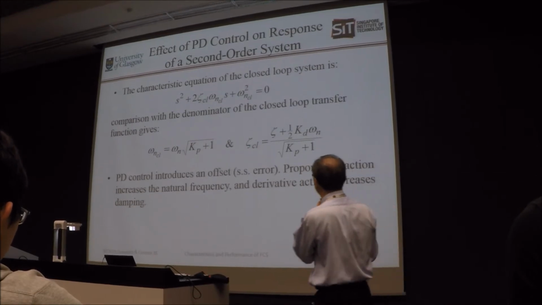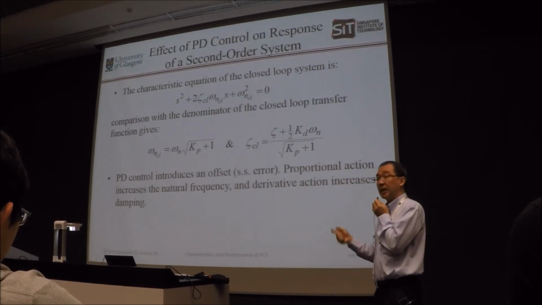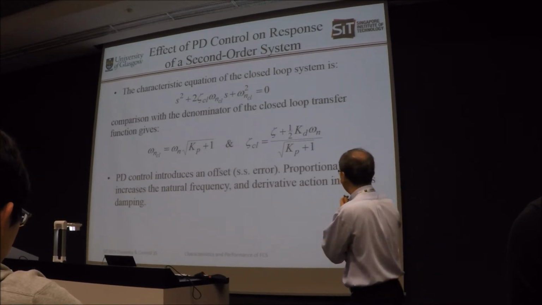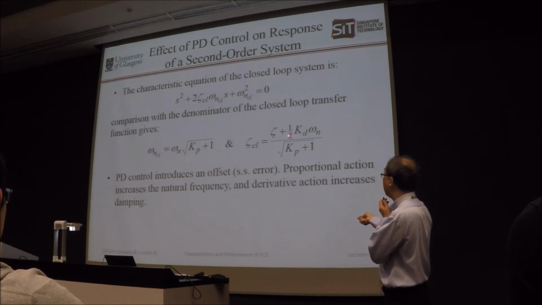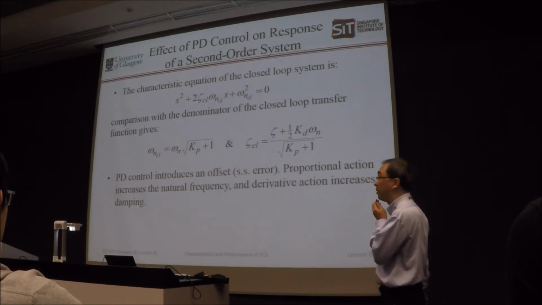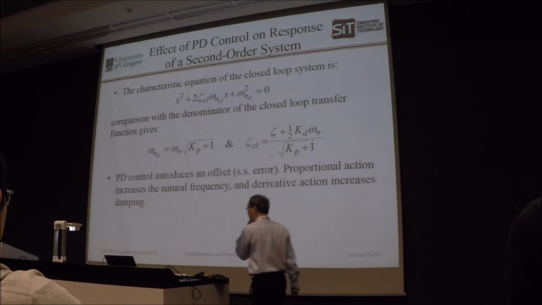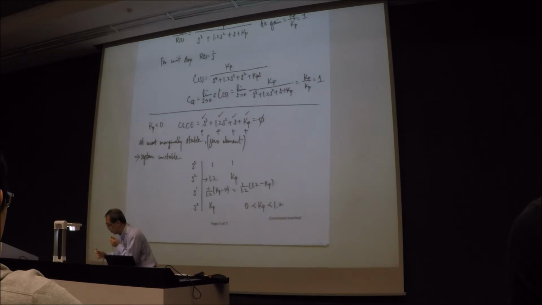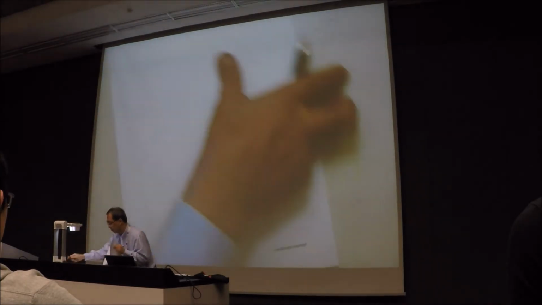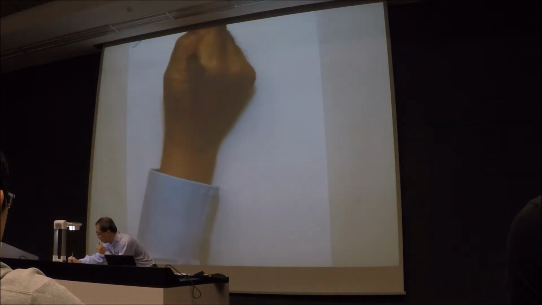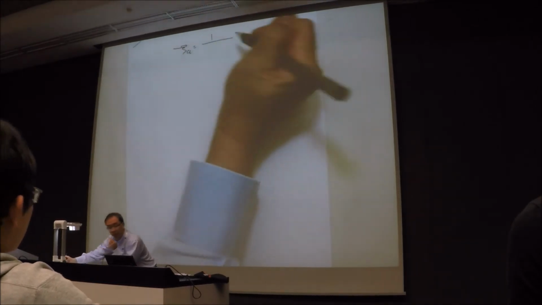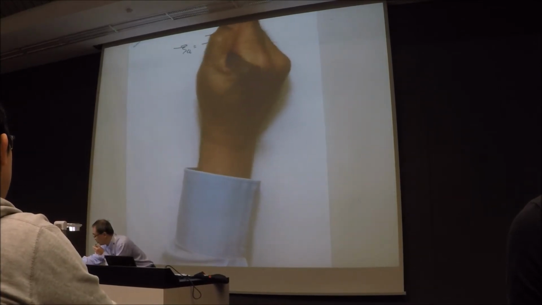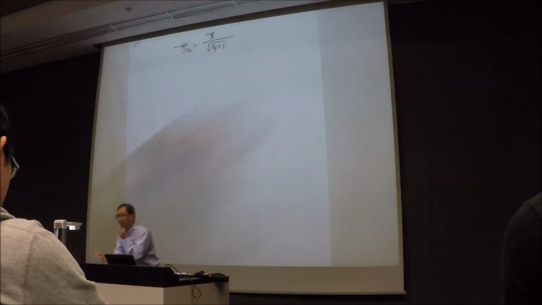Then what about your damping? Damping, if without the Kd term. Okay, so guys, listen. If you take a look here, if without the Kd term, that means this term is missing. What happened to your closed loop damping? Your closed loop damping, your zeta closed loop, is going to be equal to zeta divided by the square root of Kp plus 1.